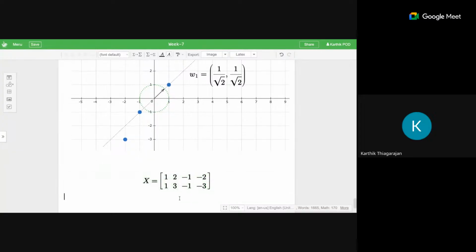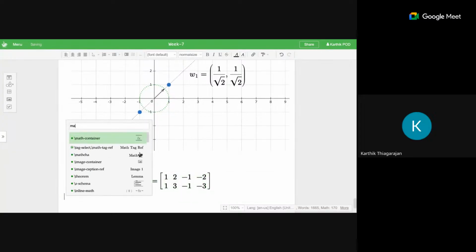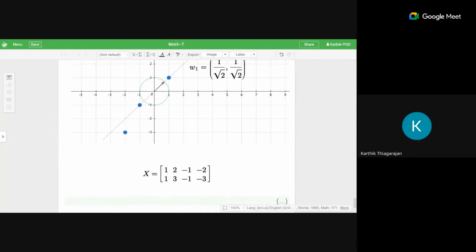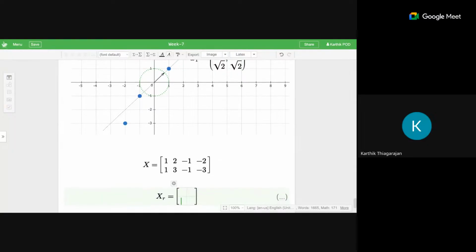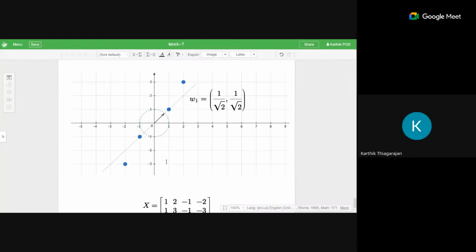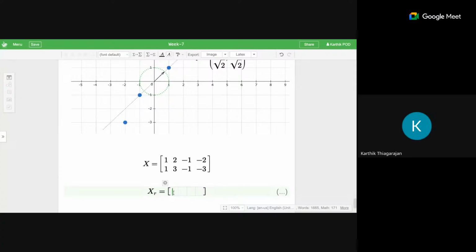So instead of this, what we are saying is the data set after dimensionality reduction is XR, for which I need only 1 value for all the 4 points. So this will be like a 1 cross 4 matrix. What is this value corresponding to 1, 1? What do I add here?